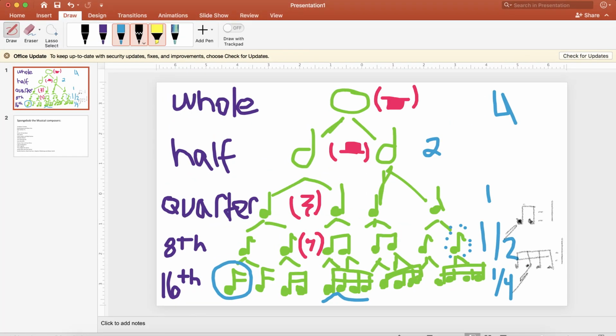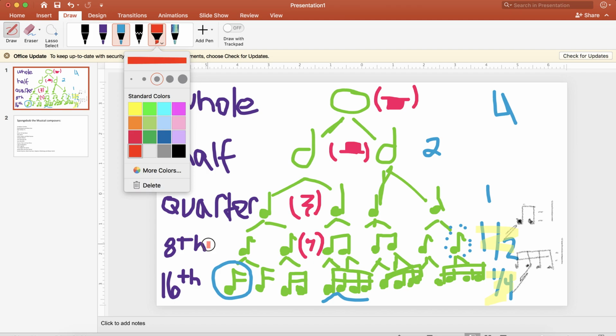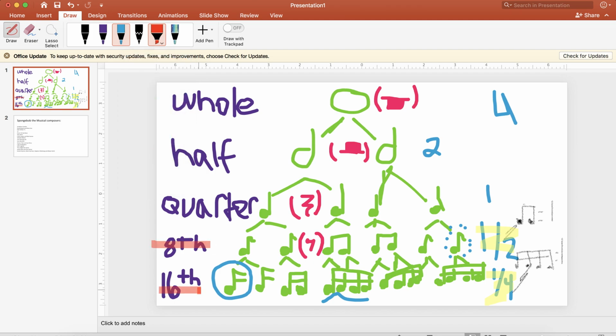You've got this chart to help you. If you want to draw it yourself or maybe write down the picture and the value of it so you know, be very careful. Let me get this highlighter going. Be very careful. This and this is the value of the notes, not, let me do red, not these, okay?